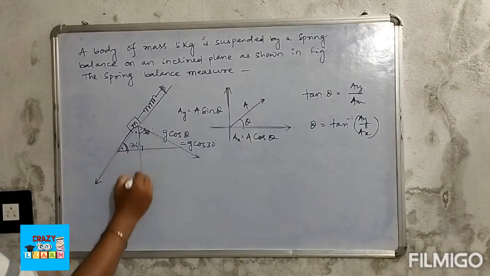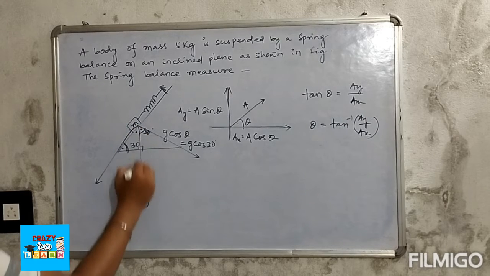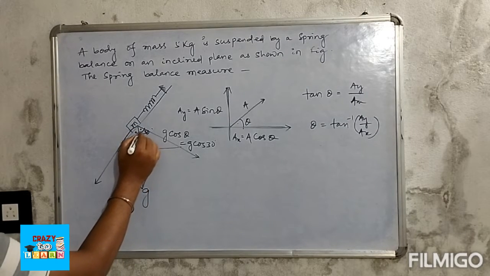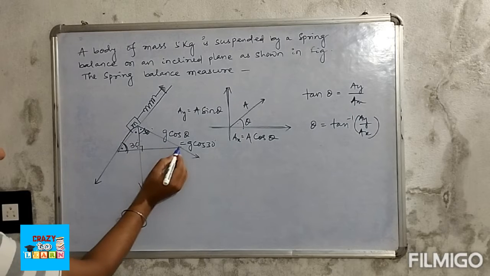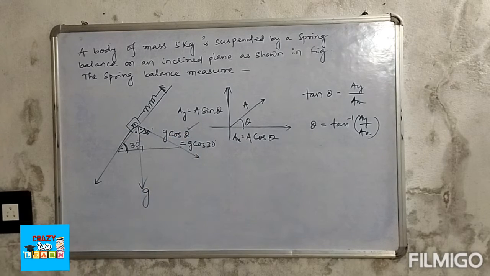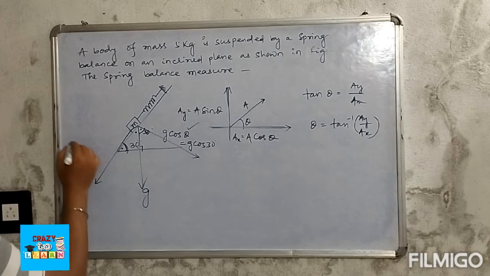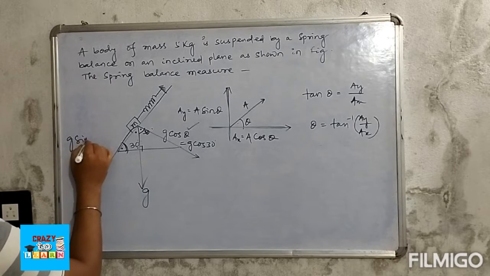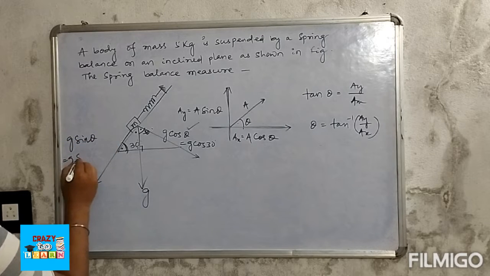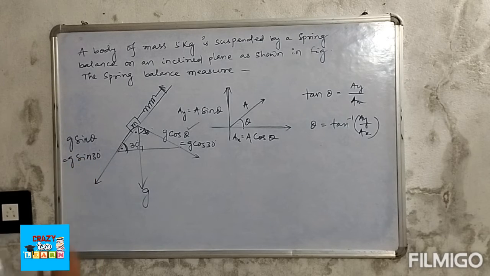In a similar way, if you take this g as the vector, and the g vector makes angle 30 with this component, so this component is taken as g cos theta, and the other component is taken as g sin theta, which is equal to g sin 30 degree.